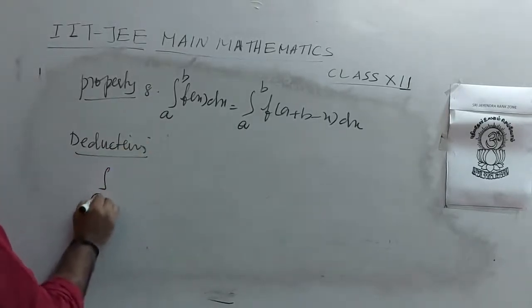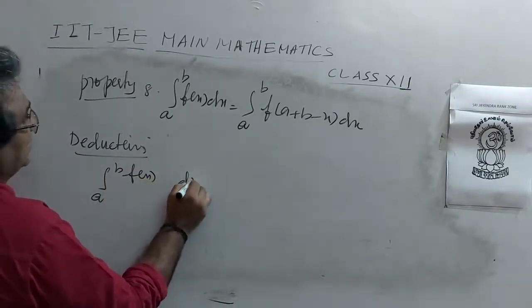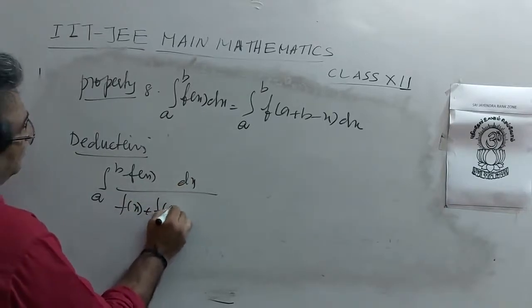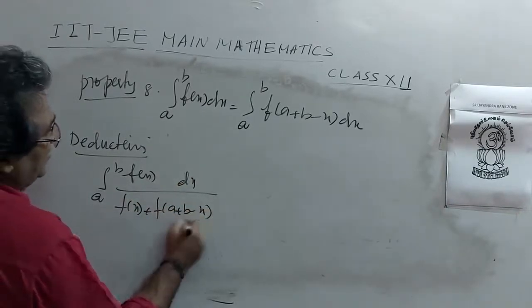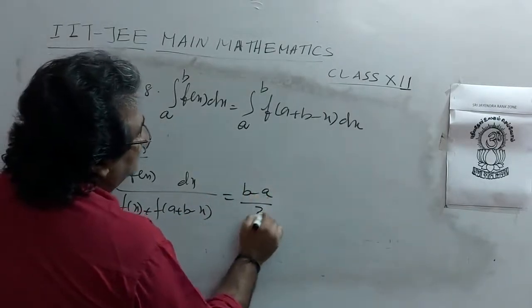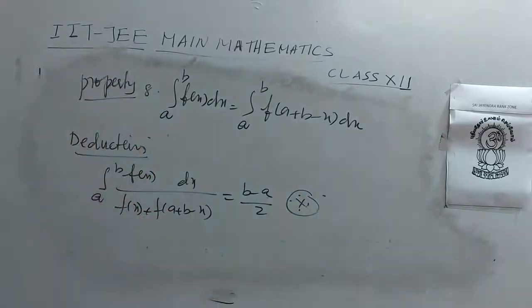Integral a to b f of x dx by f of x plus f of a plus b minus x equal to b minus a by 2. That's a very important deduction.